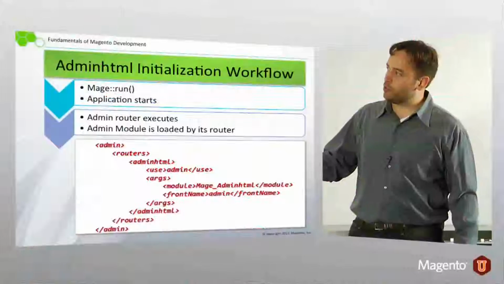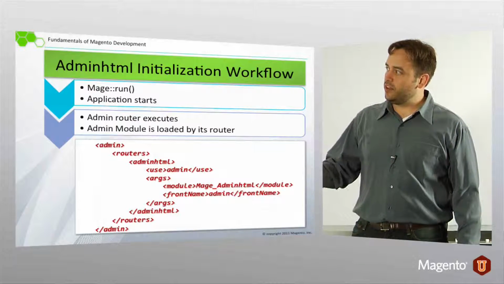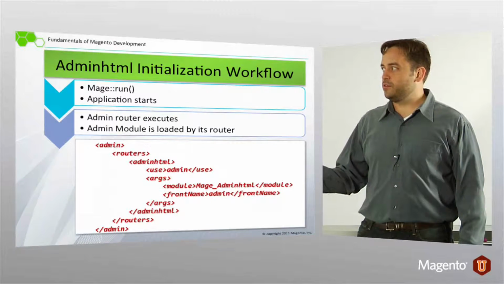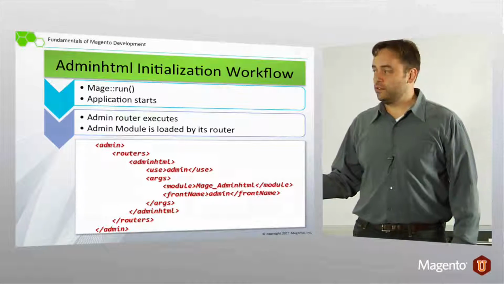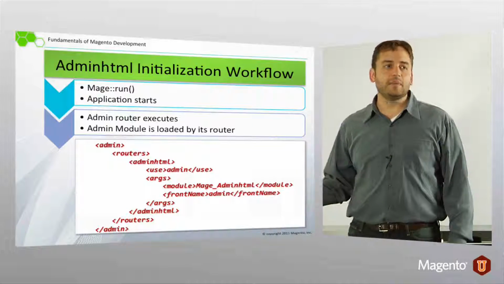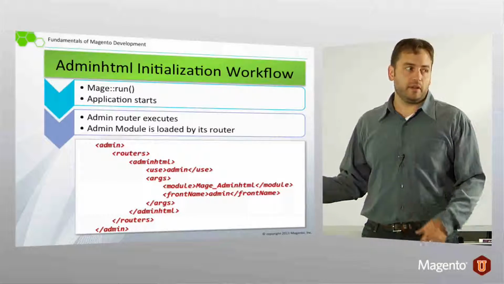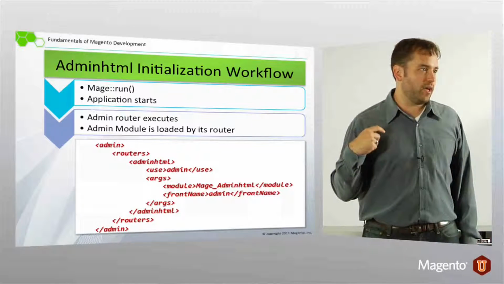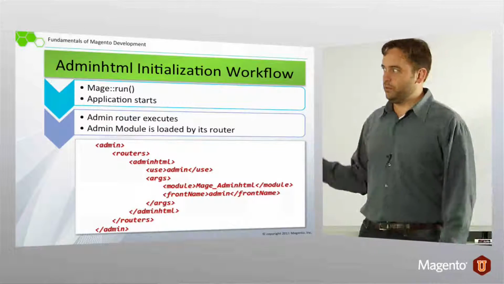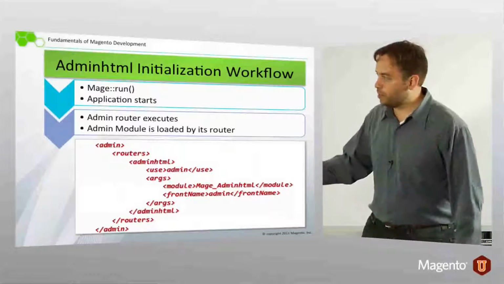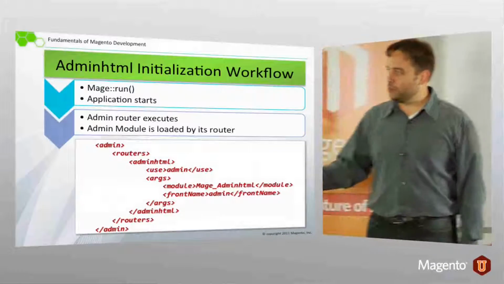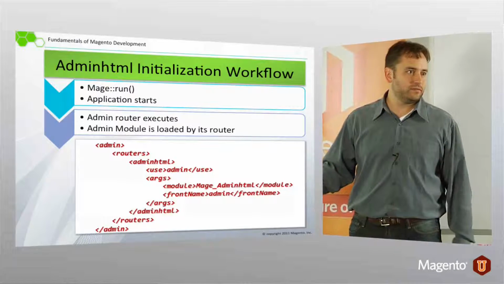So whereas before we were specifying config and then front end routers and then using a standard router, for the admin it would be admin routers, Adminhtml, use admin. Again, the nice thing is our Adminhtml module, we don't have to worry about this configuration. We simply just add a modules node under args here.